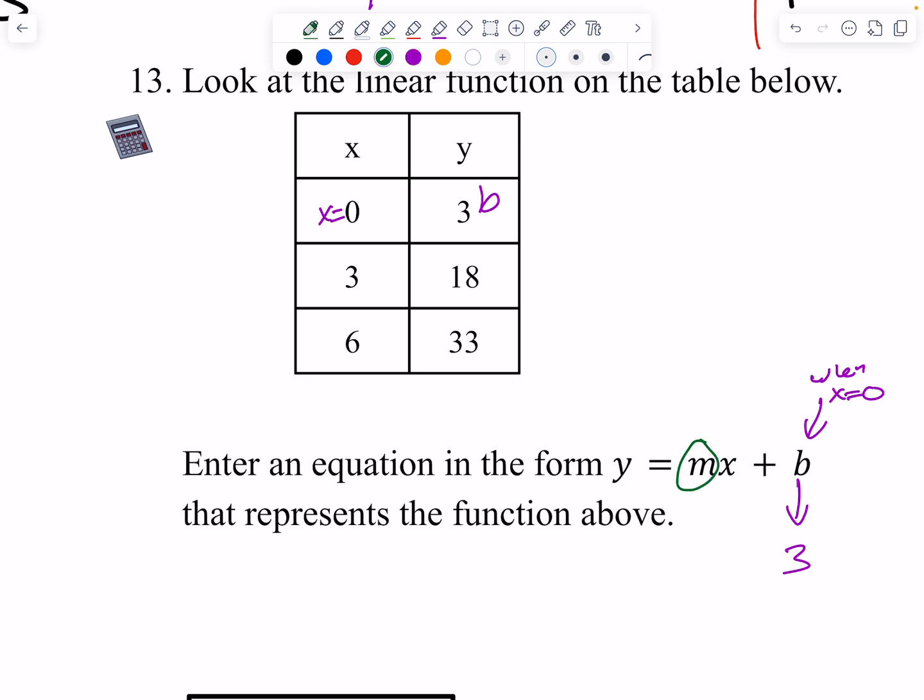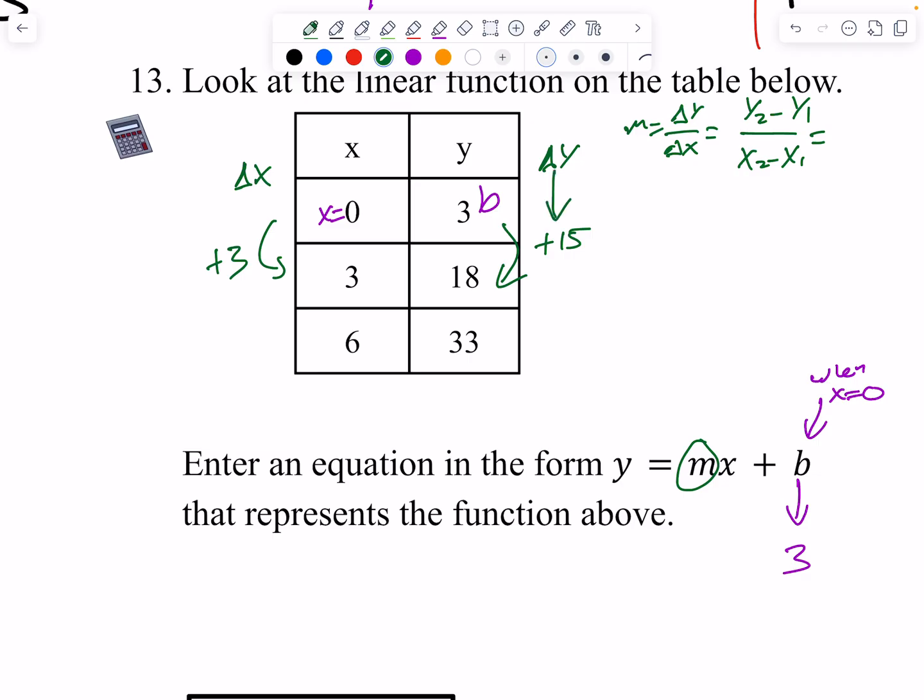My slope is the change in y over the change in x. So from 0 to 3, it was plus 3. From 3 to 18, it was plus 15. So again, m is change in y over change in x, which is a fancy way of just saying y2 minus y1 over x2 minus x1. So if you subtract the y's, what did you get?